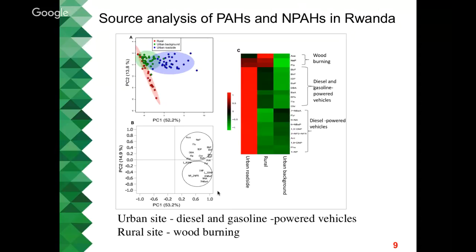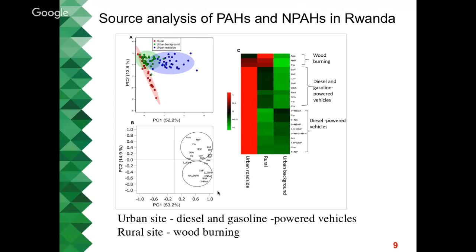I found diesel and gasoline were the major sources of this particulate in urban sites, while wood burning was dominating the rural site. You can also tell from here because some of the species of this compound are originally emitted from wood burning. If you look at arsenic, you find it was dominant in the rural site, and arsenic is a tracer of wood burning. The same applies to other compounds.